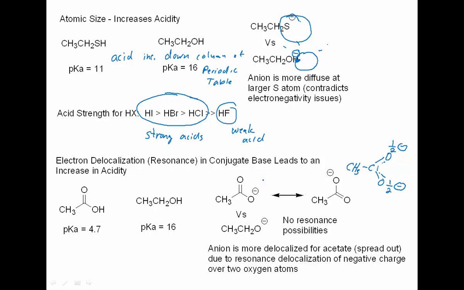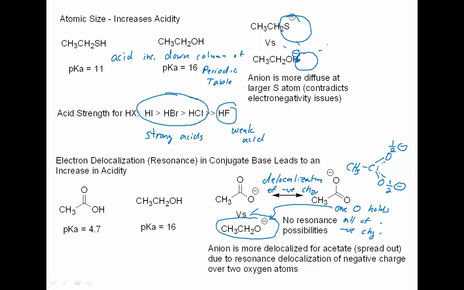So we say that there's a delocalization of the negative charge. Whereas in this species here, there are no resonance structures. One oxygen holds all of the negative charge. And that's not quite as good a situation.